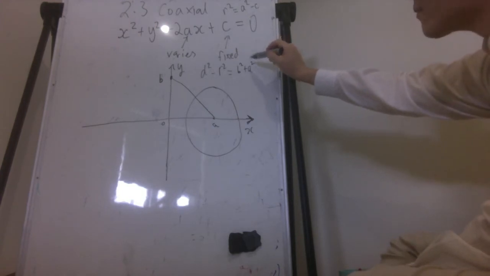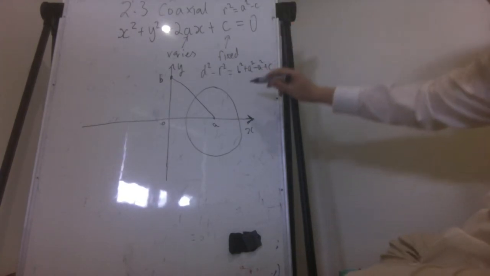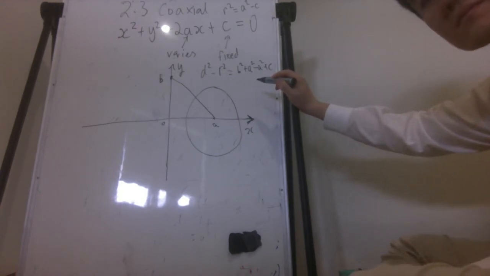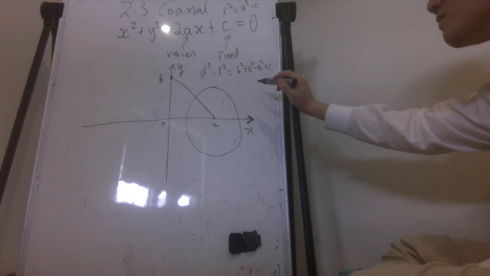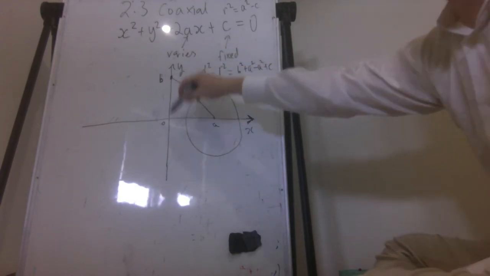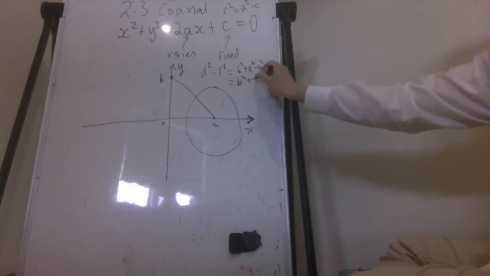Minus a squared plus c, right? So this is equal to b squared plus c, yeah?